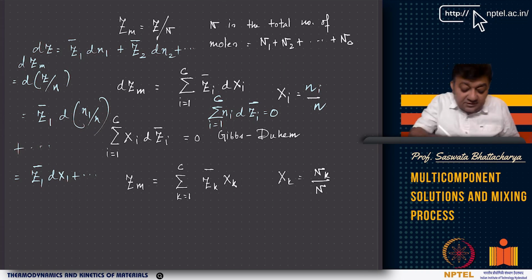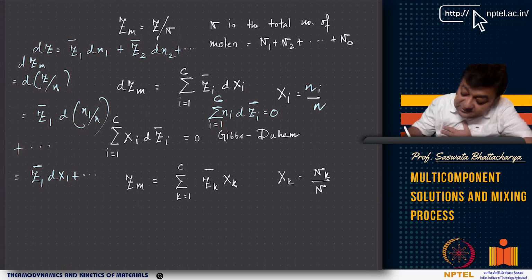This is the Gibbs-Duhem equation, but it uses mole fraction instead of mole number, right?